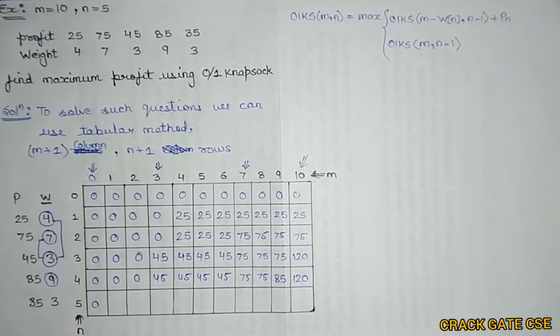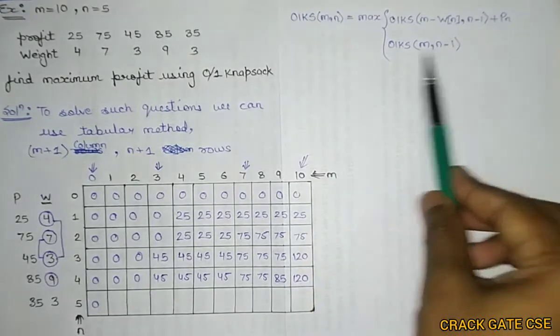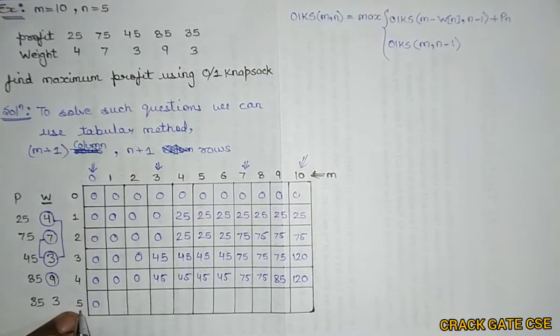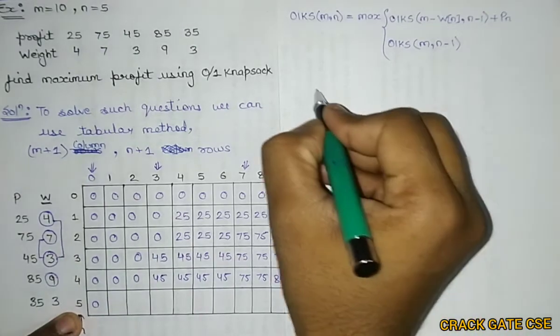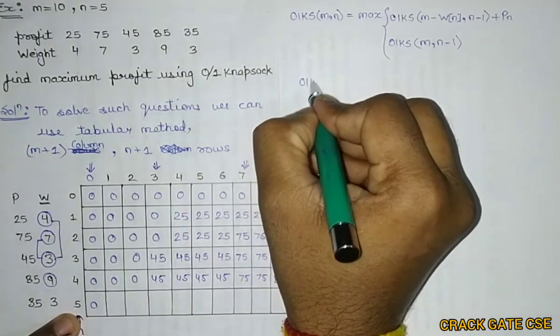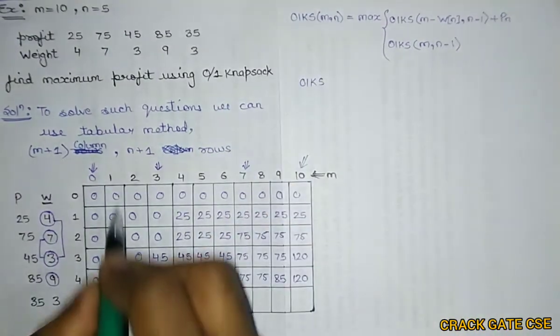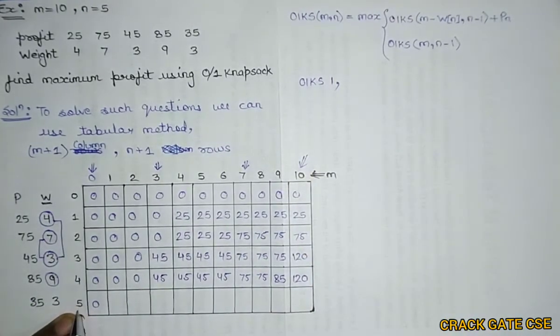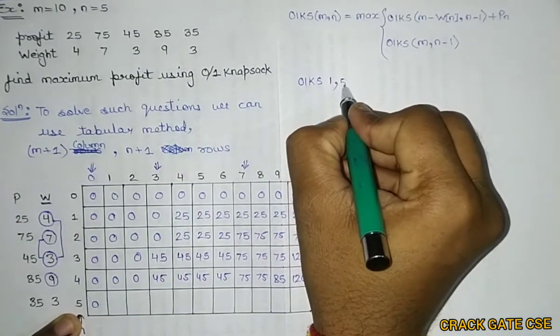Now let's try to find out how this formula will work if you want to find the field value. For example, if I want to check the values for this particular table, I can write it as 0 by 1 knapsack. What is the value of m? M value is 1. What is the value of n? N value is 5.